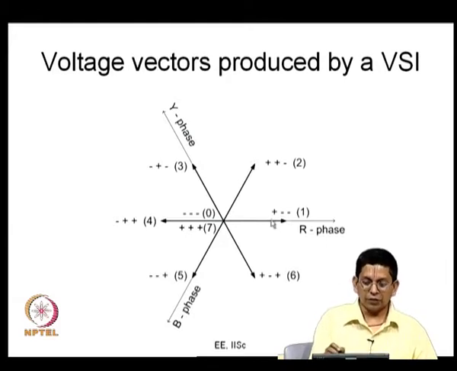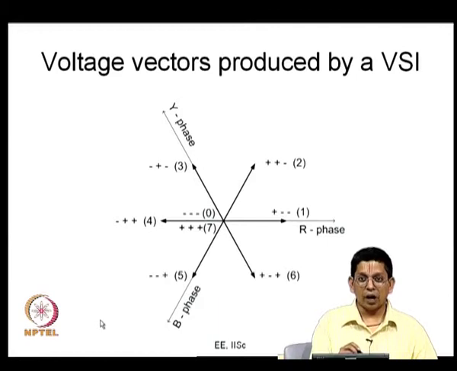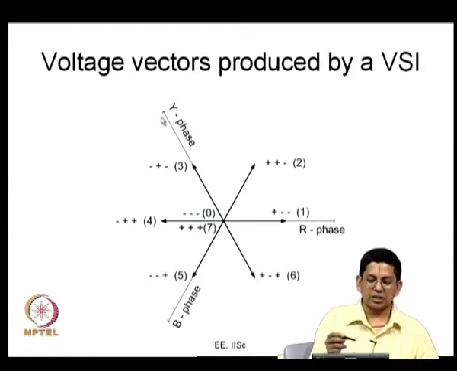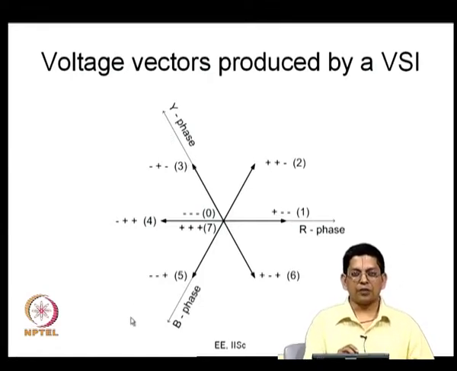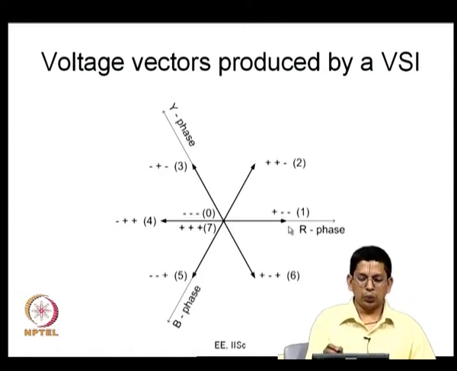So, instead of R phase alone connected to positive, you have Y phase alone connected to positive and the other two negative. By symmetry, you should be able to say that the resultant voltage vector will be along the Y phase axis, just as it was along the R phase axis, and the magnitude of the vector should be the same, VDC, for this transformation that we are considering here.